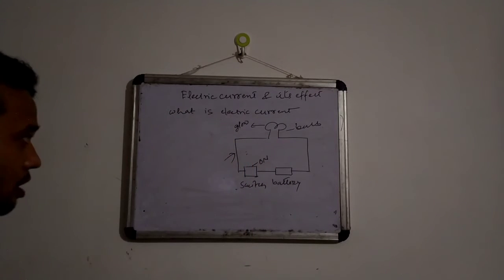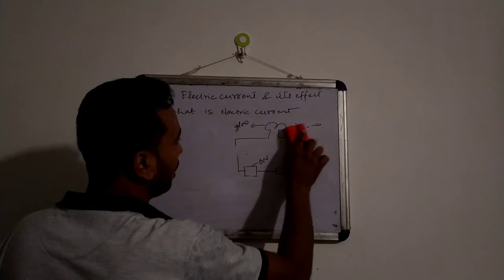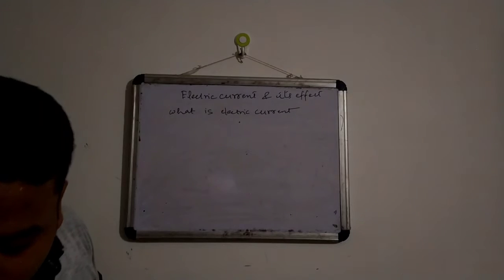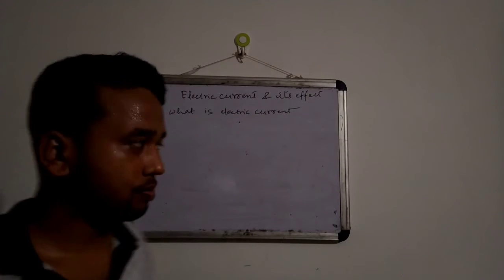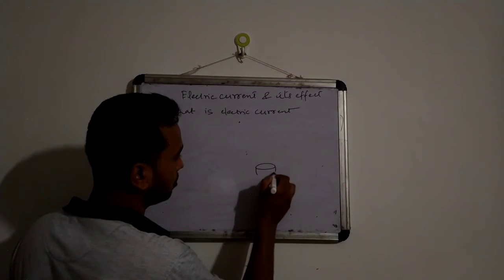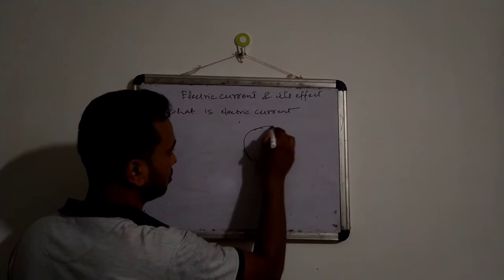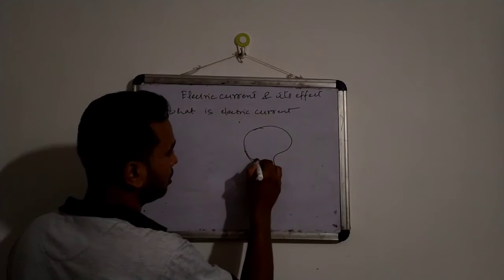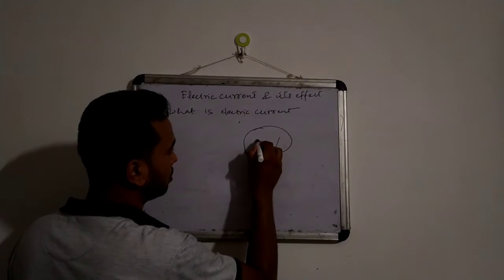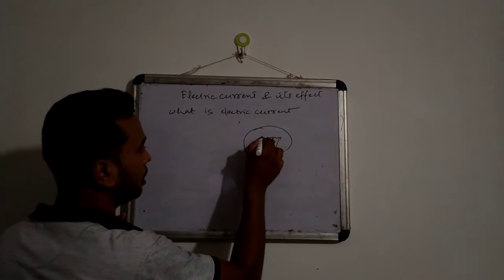Now when the current passes through the bulb, why does the bulb glow? You all see this type of bulb. In the bulb there is a string like this, and this is called filament.